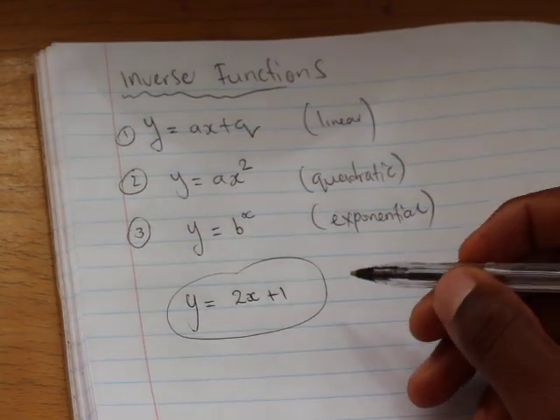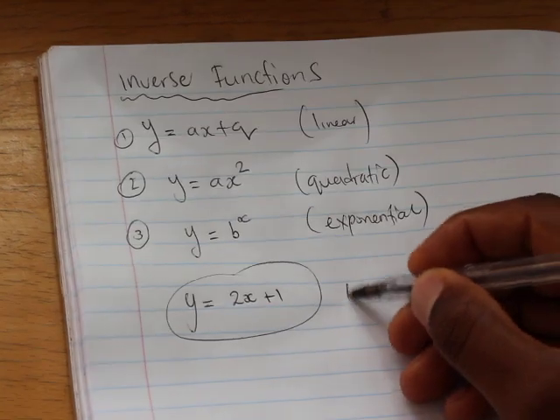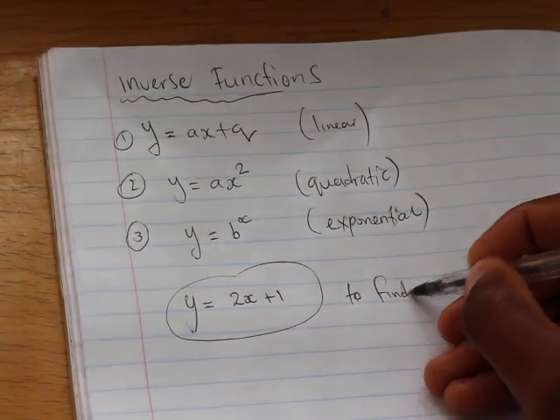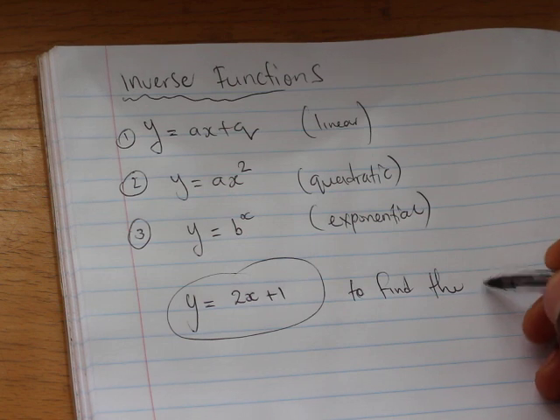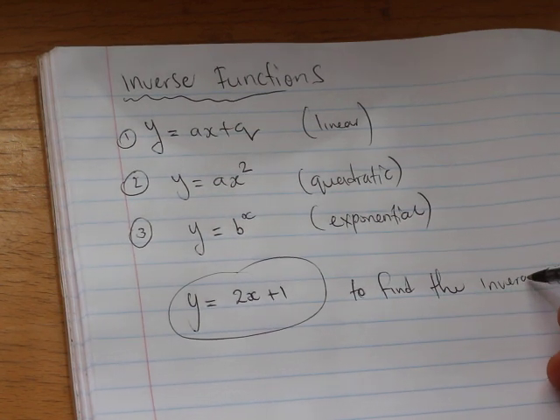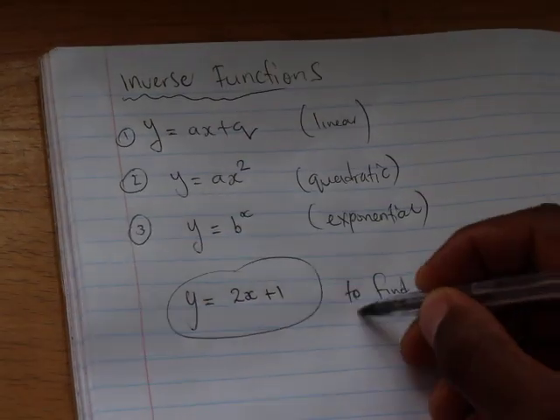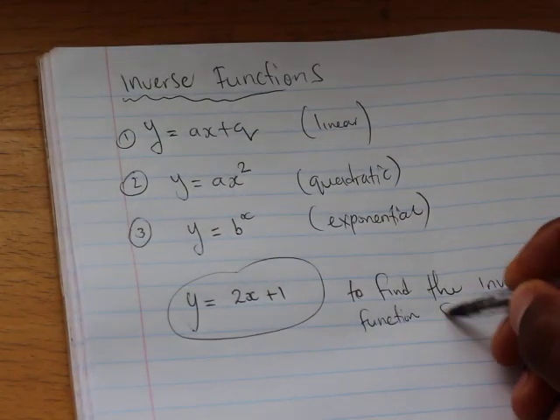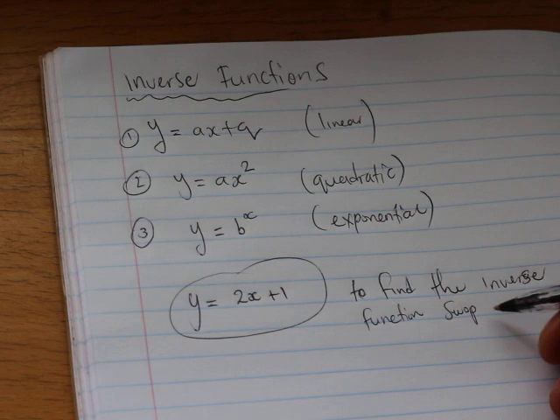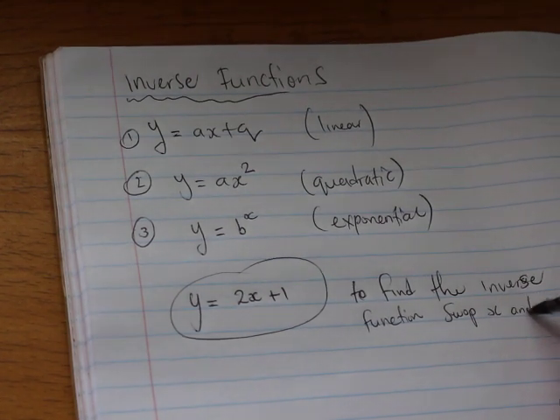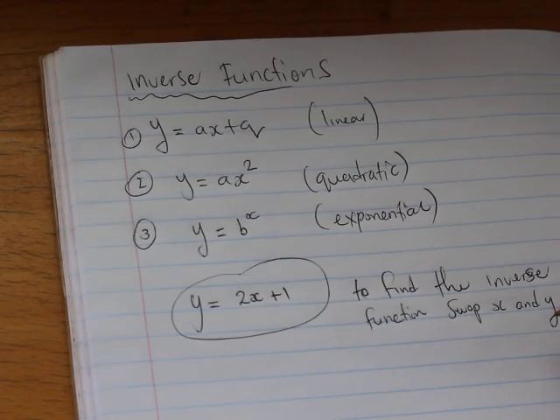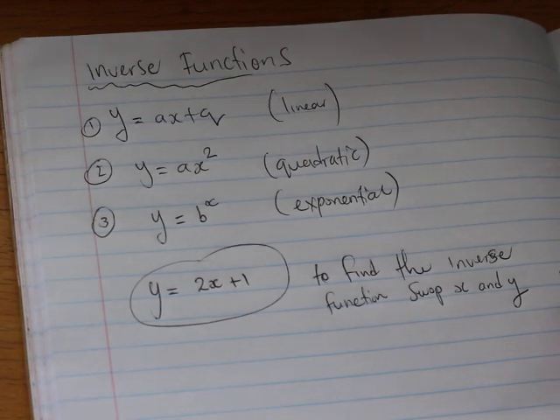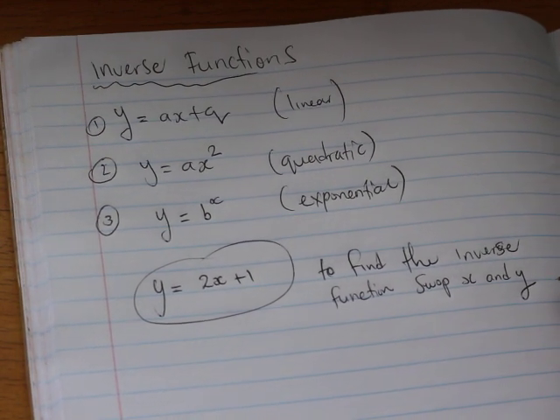To find the inverse of this linear function, we're going to swap x and y. In other words, in place of x we substitute y, and in place of y we substitute x.